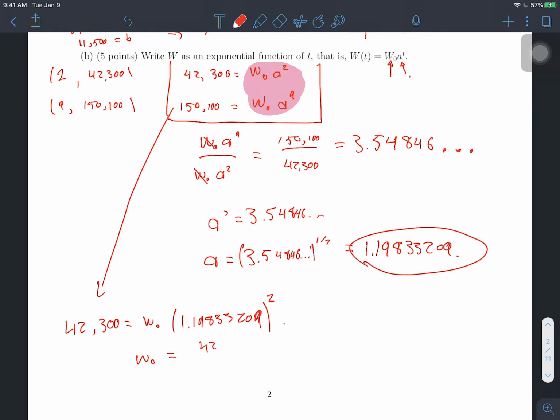So 42,300 divided by 1.19833209 squared.